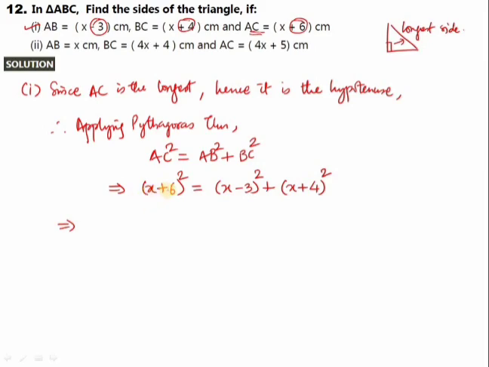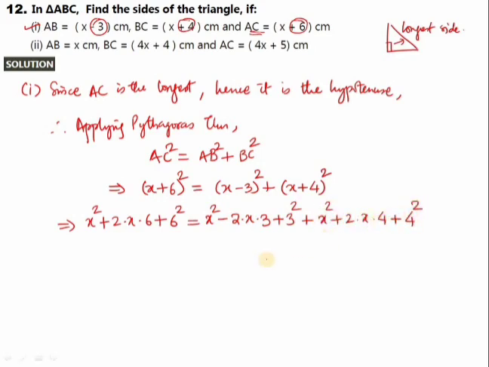So (a plus b) whole square gives a square plus 2ab plus b square. Similarly (a minus b) whole square is a square minus 2ab plus b square, and similarly here a square plus 2ab plus b square.